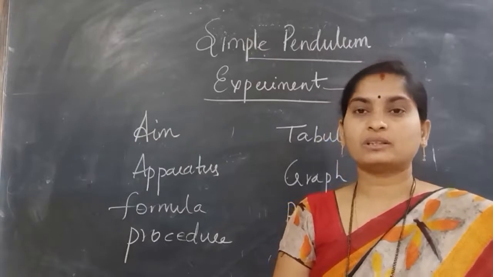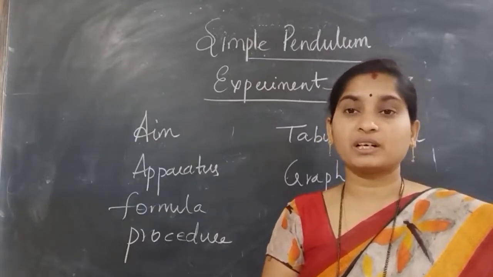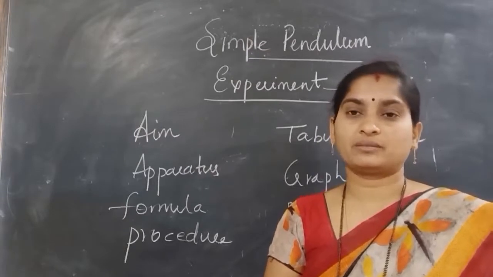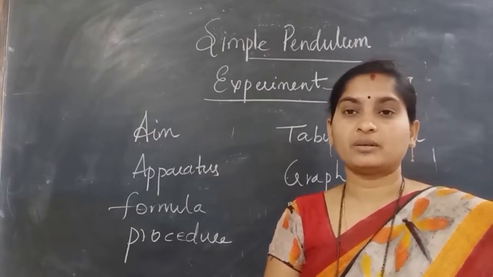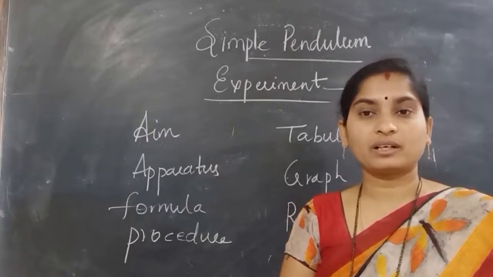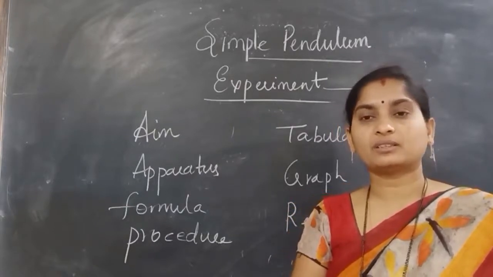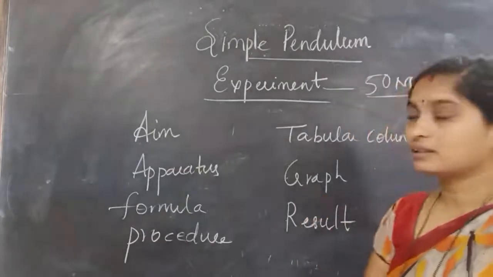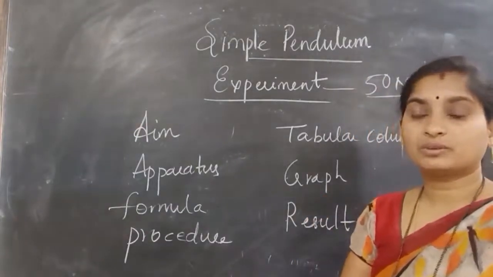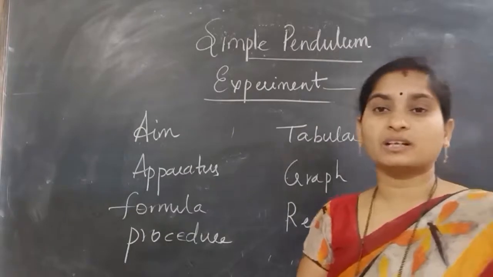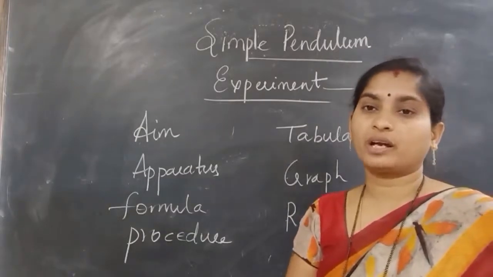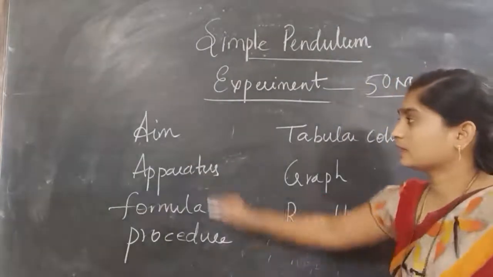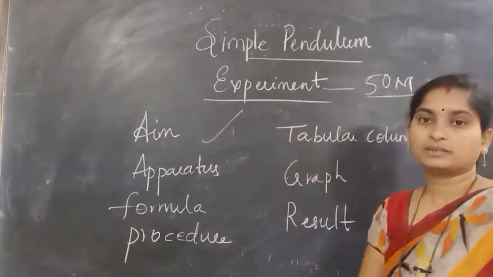In the simple pendulum you are measuring the errors, how error is minimized, standard error. All these things you learned in intermediate, and the same experiment is repeated here. Using the simple pendulum you are measuring different types of errors. That is your aim.